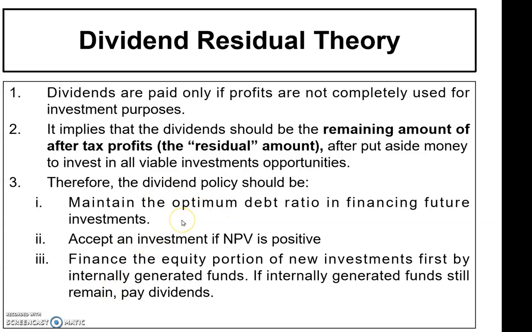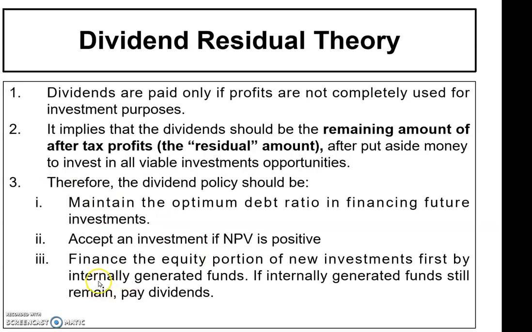Otherwise, the company will become financially distressed if it borrows more than the optimum debt ratio. And secondly, when the company first uses its earnings for investment purposes, the company must accept investments that have a positive NPV.